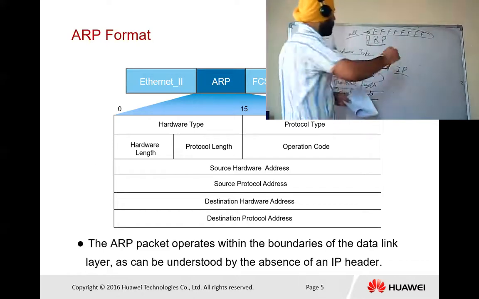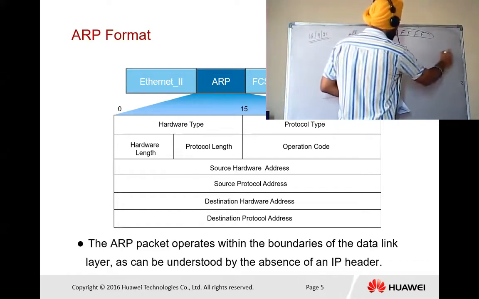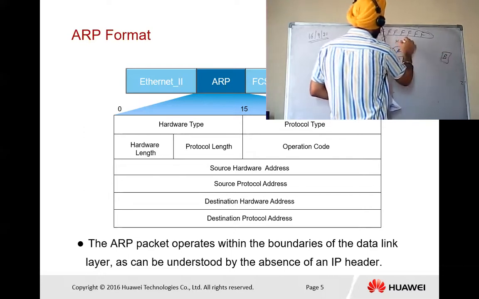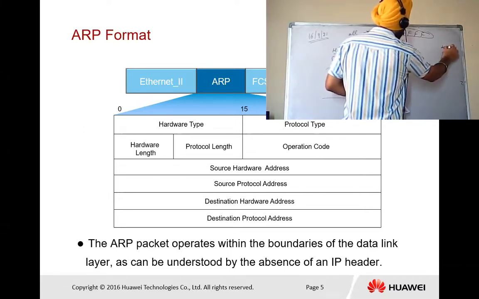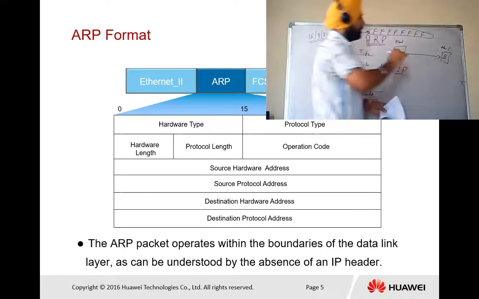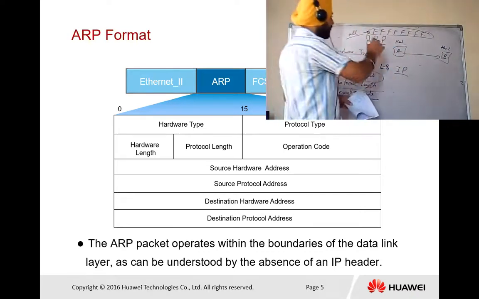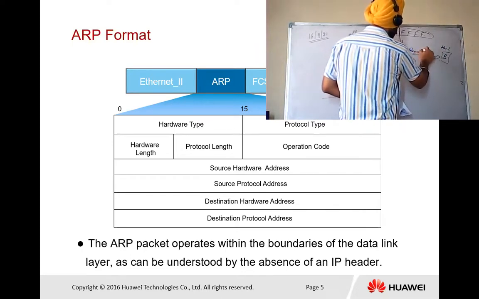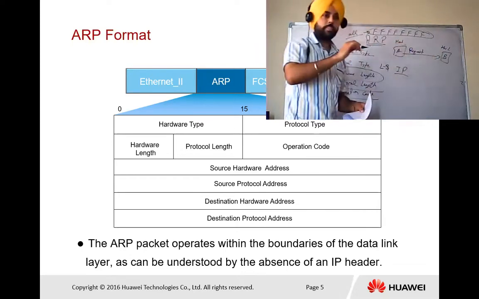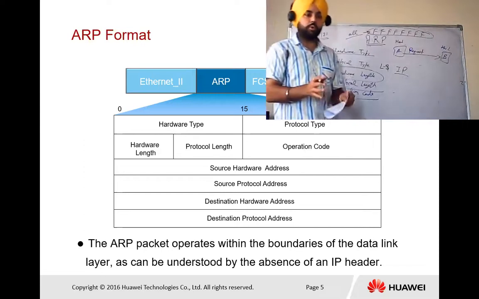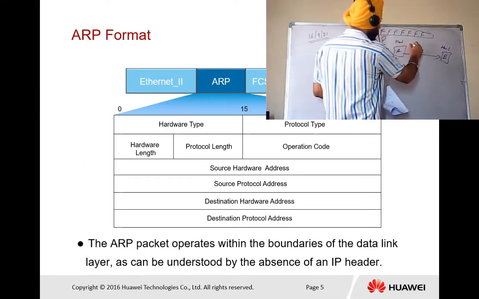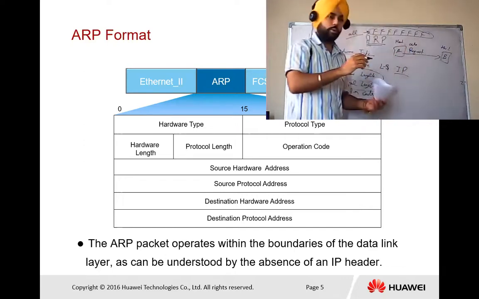Whenever we are talking about two-way communication, suppose host A and host B want to communicate with each other. Firstly, host A will send a request to the destination. At that time our operation code is working as an echo request.